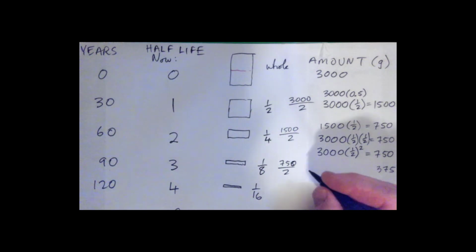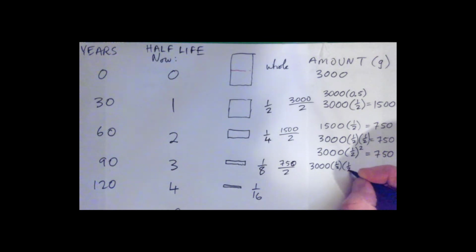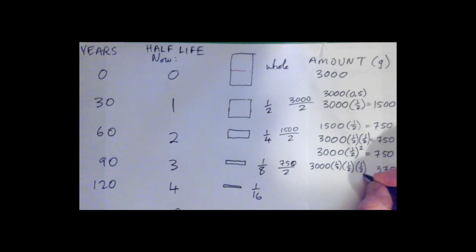So the cool way of doing it again is, 3,000 times a half gives 1,500, times a half again gives 750, times a half again gives 375, right? And the cool way of writing that with exponents is this: 3,000 times a half to the power of 3. And that gives the 375, right?